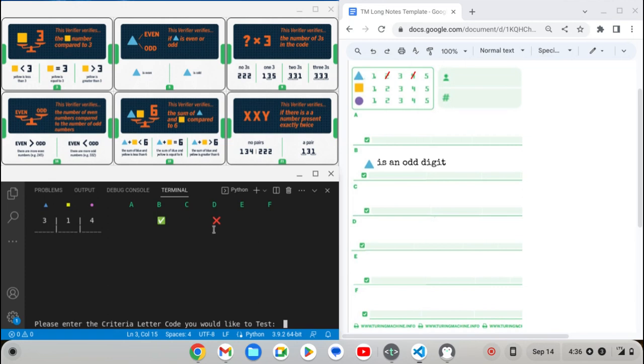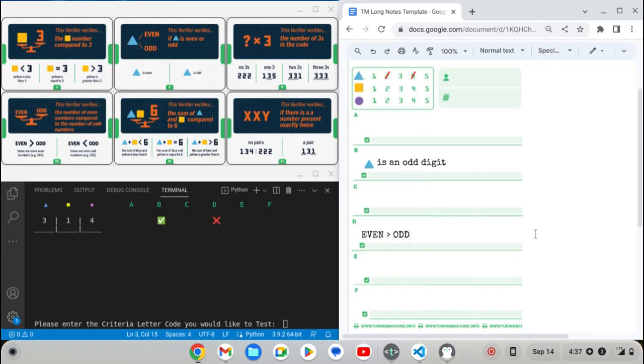The next thing I'd like to test is criteria card D. Okay, so criteria card D will let us know the ratio, and if you look at my proposal 314, I do have 2 odds to a single even. The Turing Machine does not approve of that, so it's basically telling me that there are in fact more even than odds. So let's go ahead and type that up in section D, and that is that there are more even than odds.